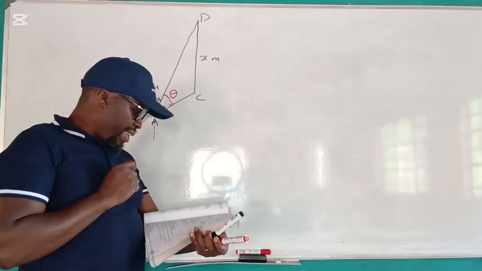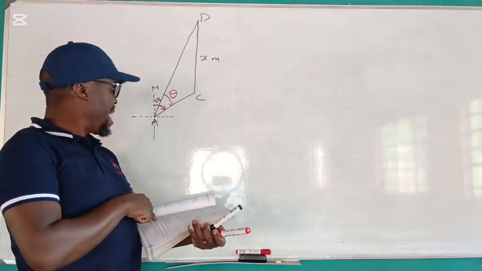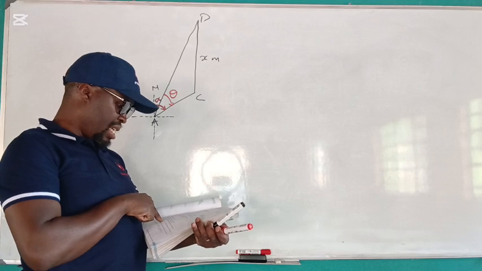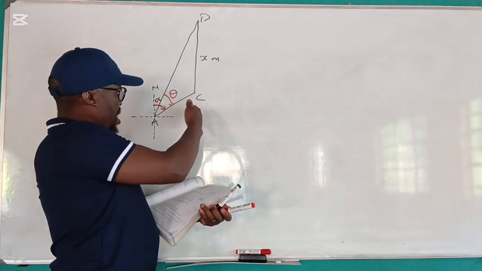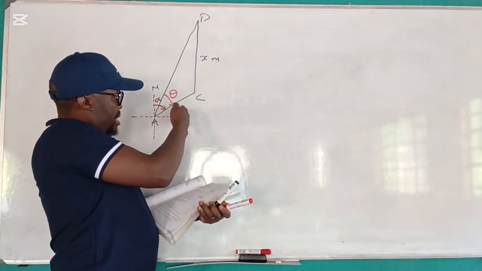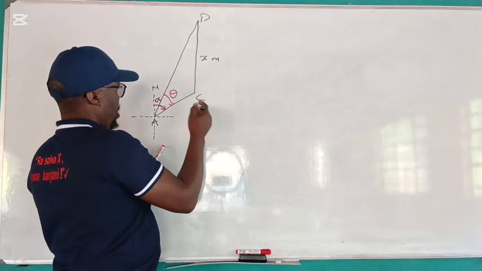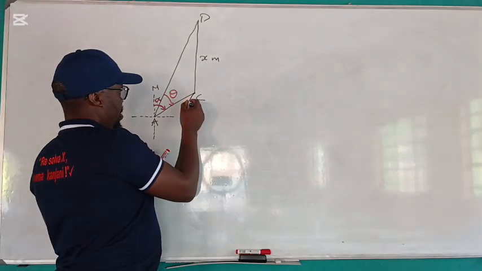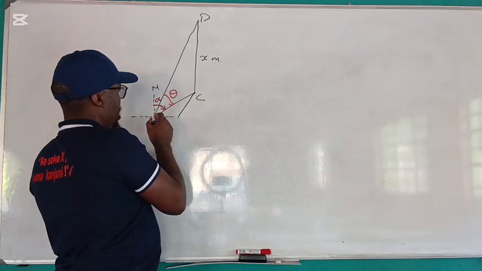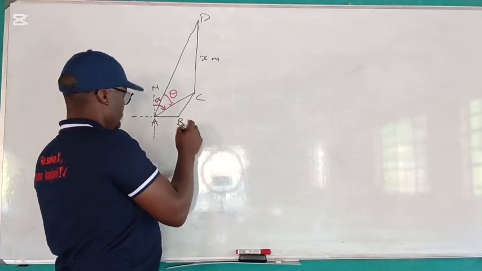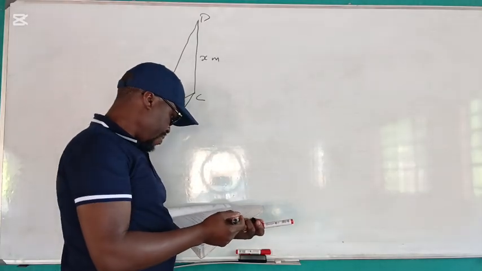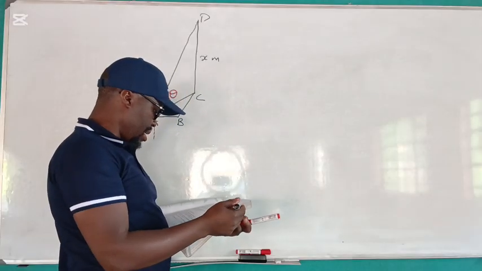The statement goes further to say, from B, the bearing of C is beta, meaning that B should be this side. Okay, we'll have something like this. This should be B, and we're told that from B, the bearing of C is beta.